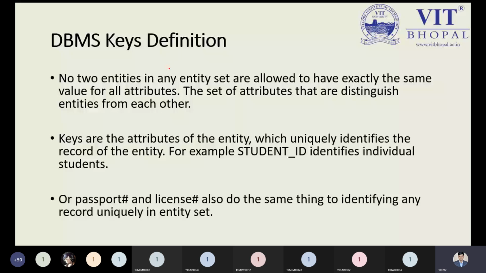While journeying from one place to another, the key here is your ticket number. While booking the ticket, we have a unique PNR. You must remember this while booking a railway ticket. What is meant by PNR? PNR stands for passenger name record. This PNR will be unique for the entire period.